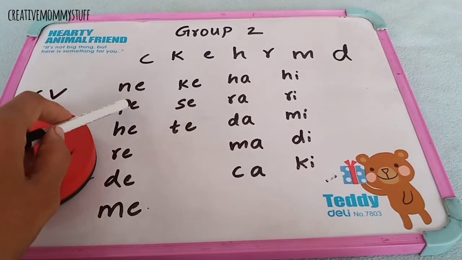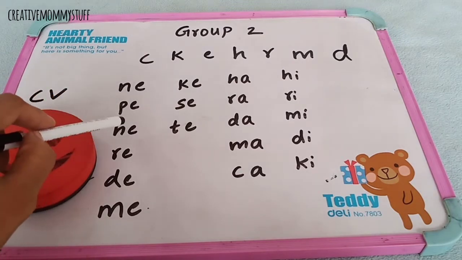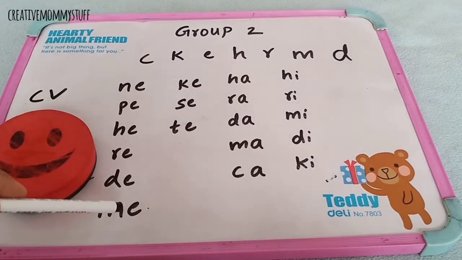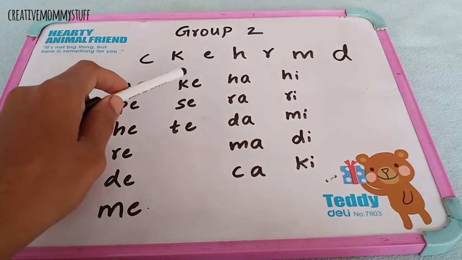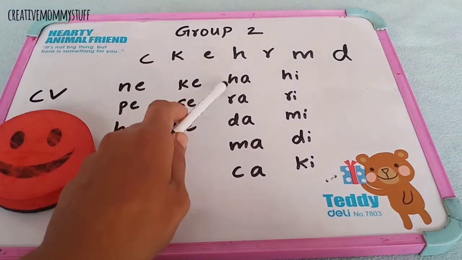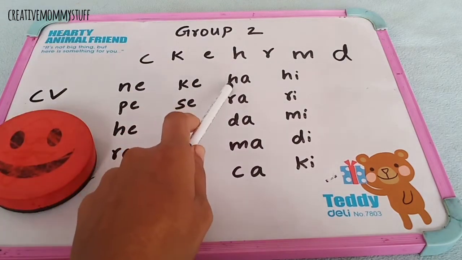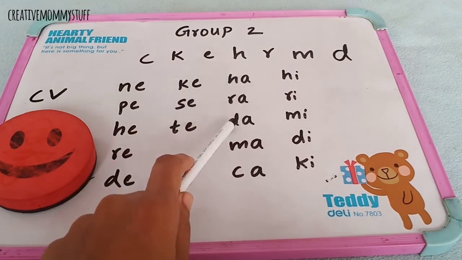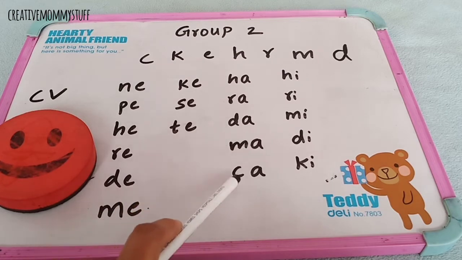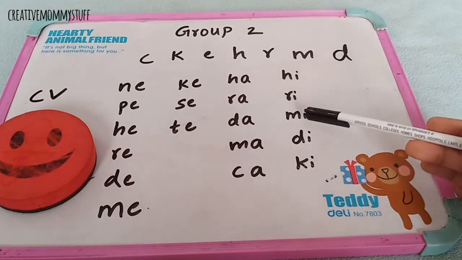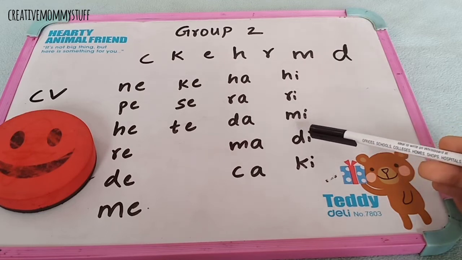Ne, pe, he, re, de, me, ke, se, te. And here with letter A: ha, ra, da, ma, ka. Next with letter I: hi, ri, mi, di, ki.